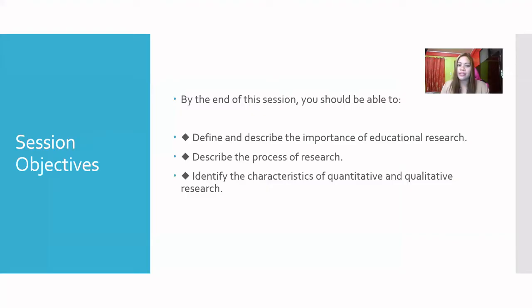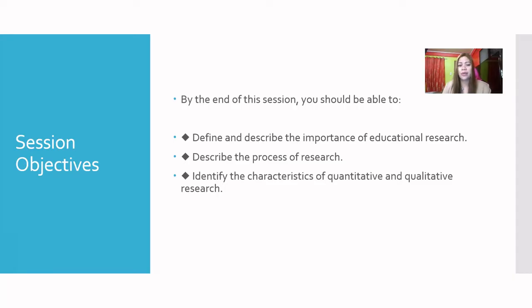So at the end of this session, you should be able to first, define and describe the importance of educational research. Second, describe the process of research. And of course, identify the characteristics of quantitative and qualitative research.